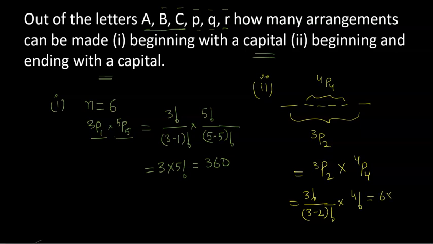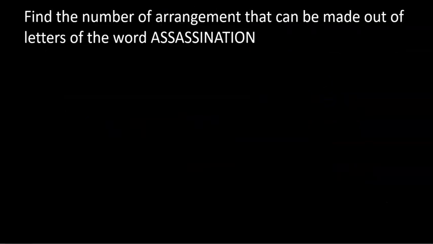So it will be 6 times 4 factorial, which gives you 144 possible ways. These are certain problems of permutation which give you a flavor of the different principles of permutation that can be adopted.